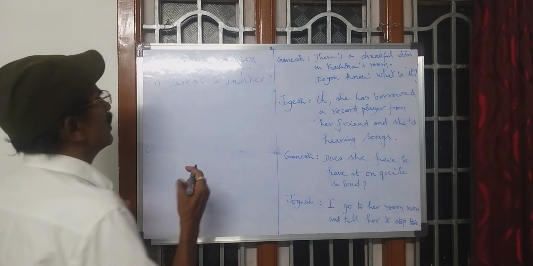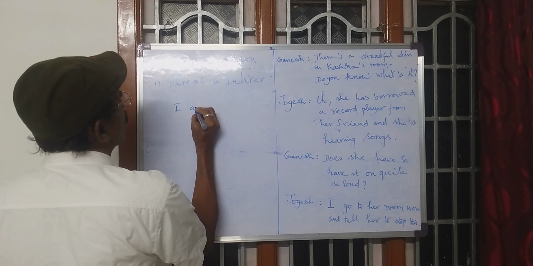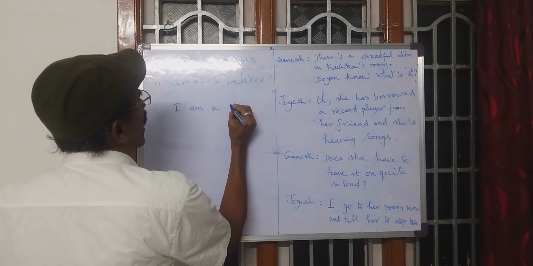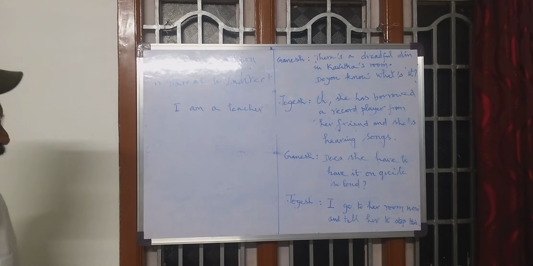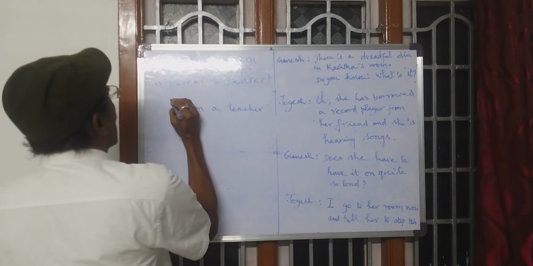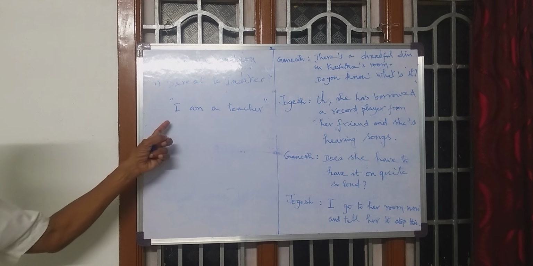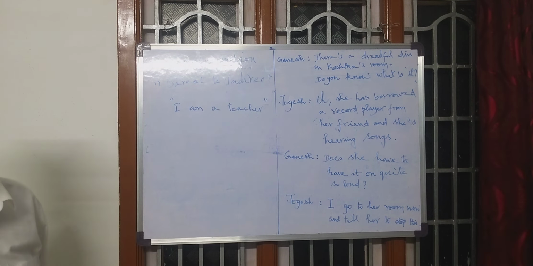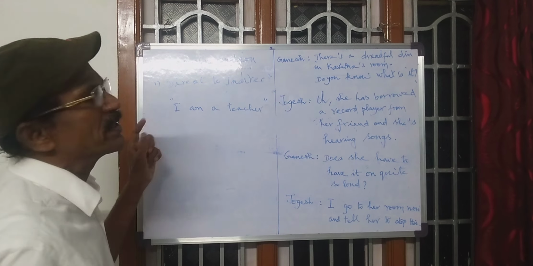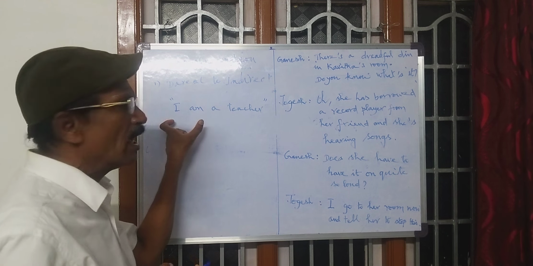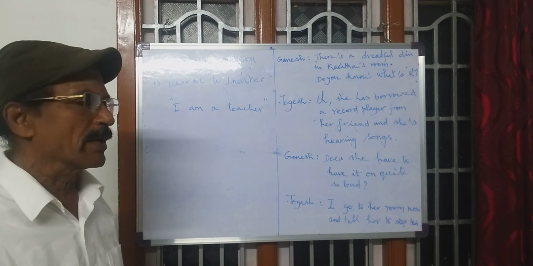Say, for example, I write one sentence here: I am a teacher. Here I put this sentence between inverted commas, what we call quotation beginning and quotation end. This is the sentence which was spoken by somebody.